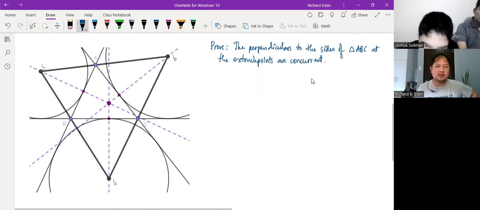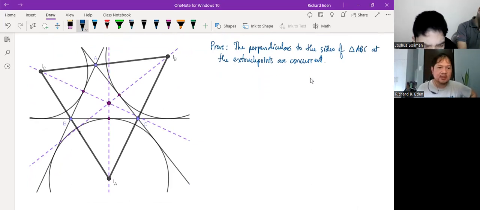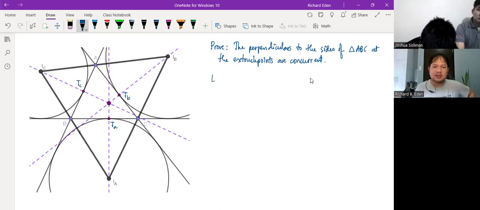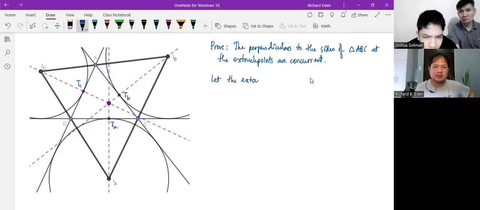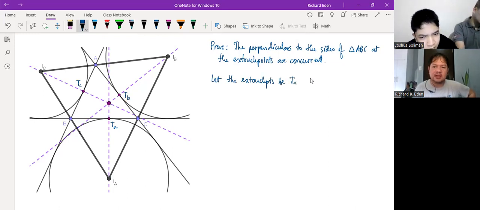So let's label these. I think you used T sub A. So let's label these as T sub A, this would be T sub B, and then this would be T sub C. Let the X touch points be T sub A, T sub B, and T sub C as shown.